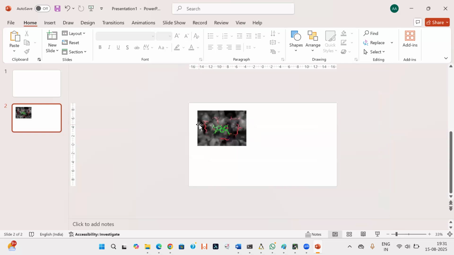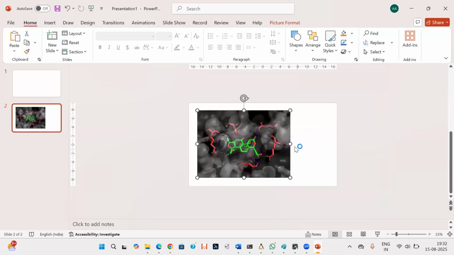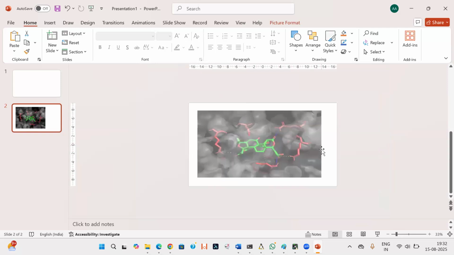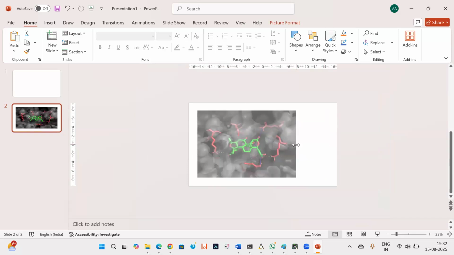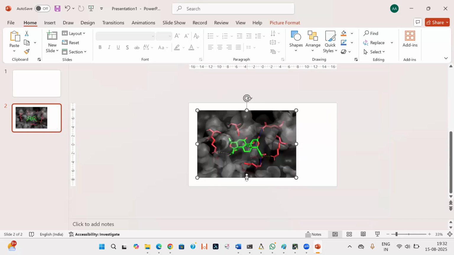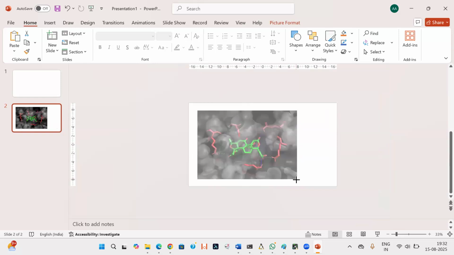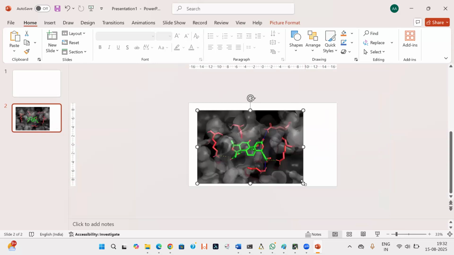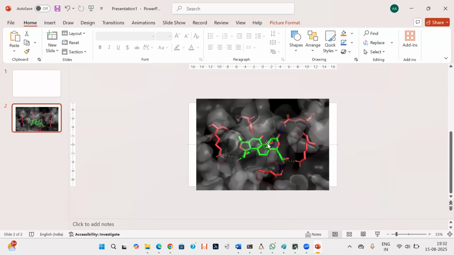Little bit, little bit. Now you expand the image. Always don't expand crosswise. Expand in the corners so that it will make it uniform. Yes, that's the correct way of expansion. Expand again. You can go out of the box. Nothing wrong. Yes. Keep it aside.